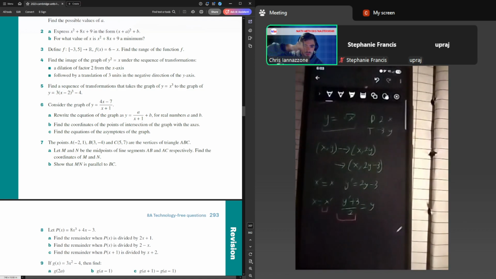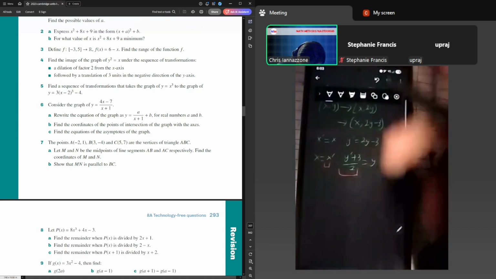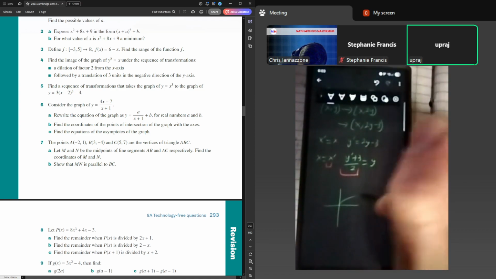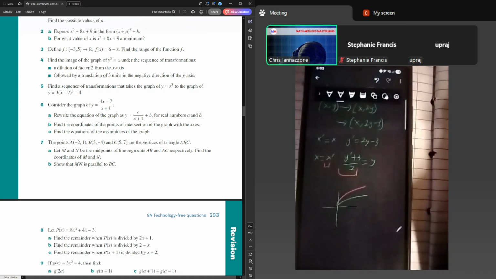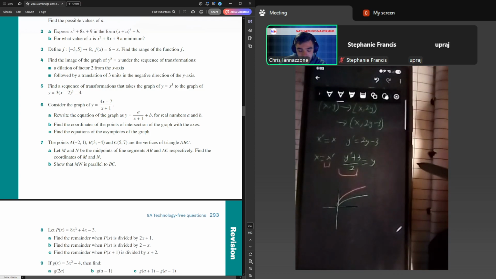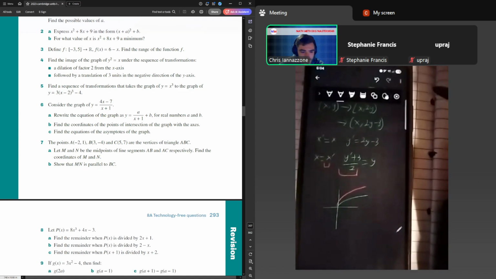It'll multiply by 2 all the y values. So it stretches upwards basically. So the sharpness of the turn technically maintains exactly as steep as it was. Wait, does it? No. I guess it depends on how you define the steepness of the turn. Anyway, point being is it does this.